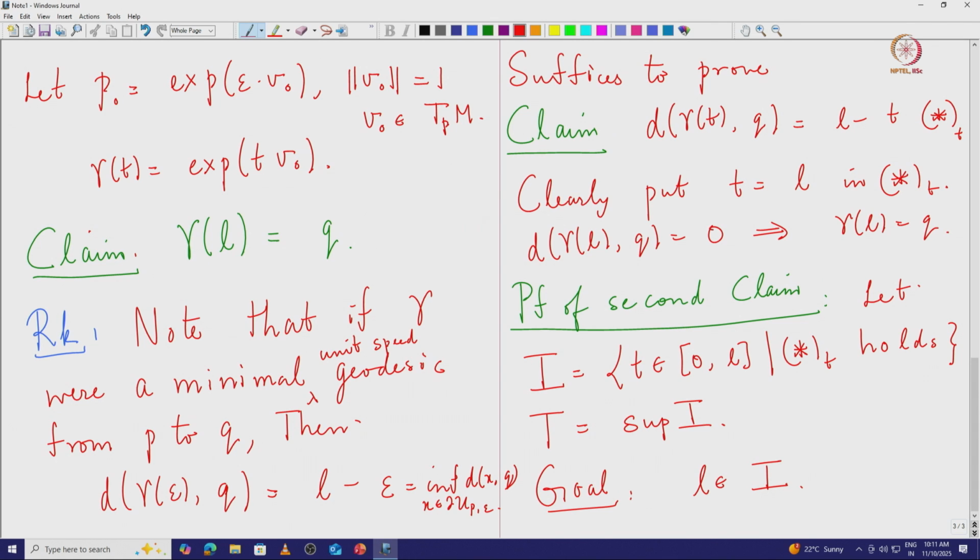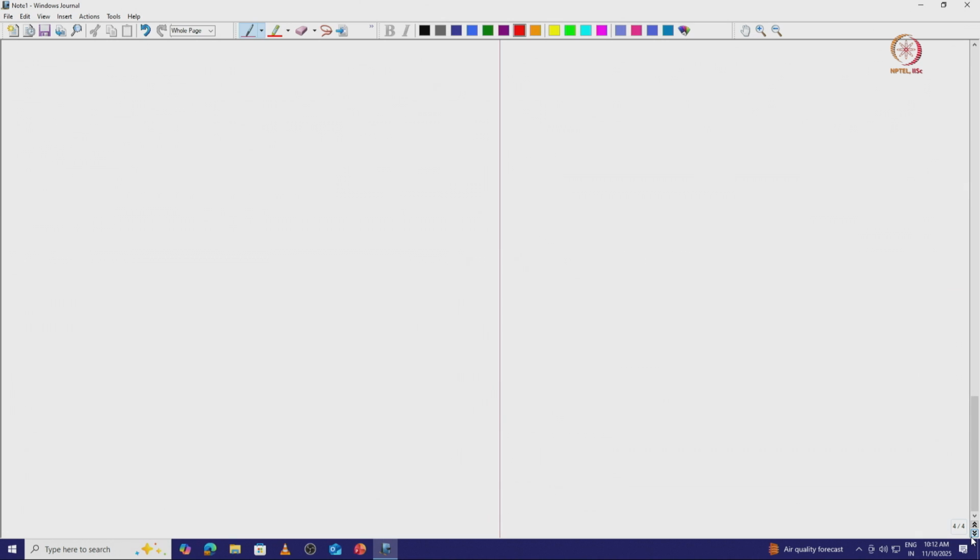Alright, so sorry, the goal will be to show that L belongs to I. Alright, so here is the first subclaim. As I said, one has to first show that this interval I is non-empty. So the first subclaim is that epsilon belongs to this interval.